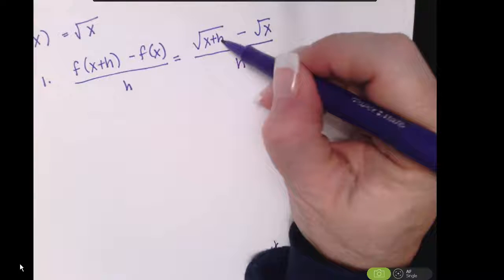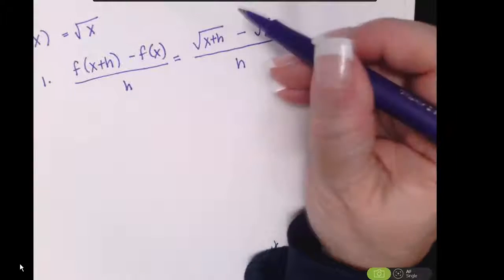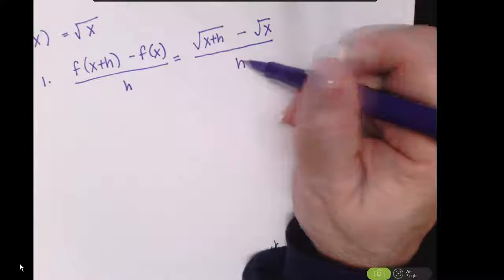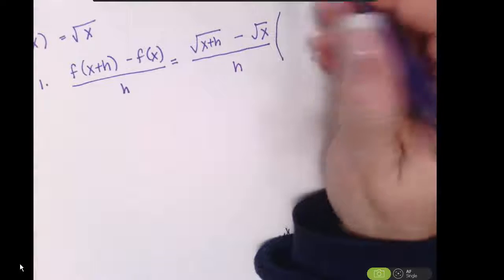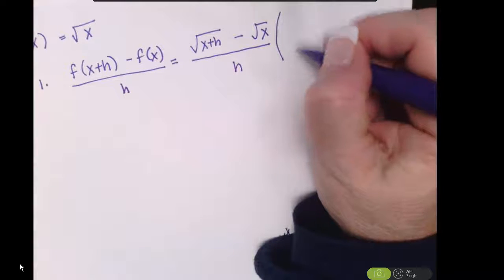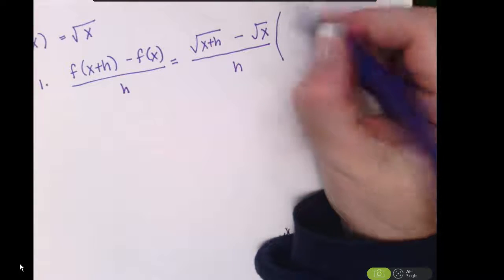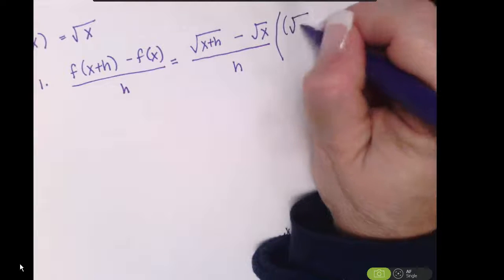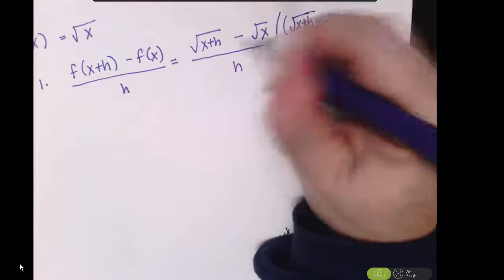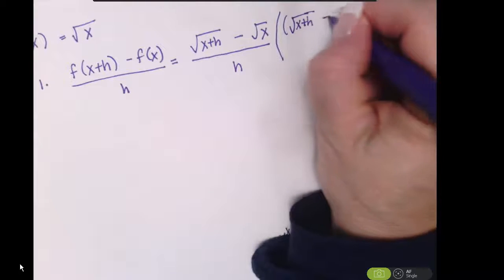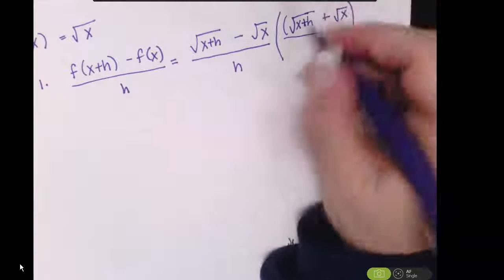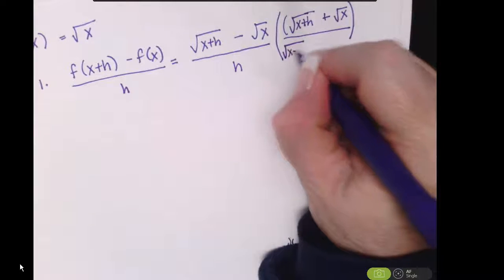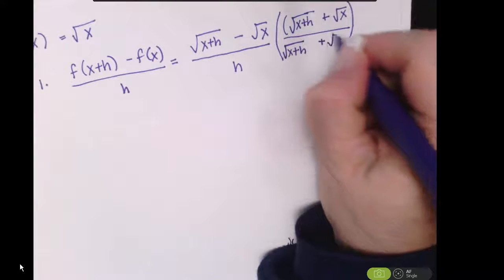So I want to try and pull this h out from underneath the radical so that eventually there'll be something to divide through by this h. So recall that whenever you want to rationalize anything or pull things out of the radicals, you multiply by the conjugate. So that's just going to be the same two terms, except instead of a minus, I'm going to do the opposite sign. And when I'm multiplying by a conjugate, I have to multiply by the top and the bottom.